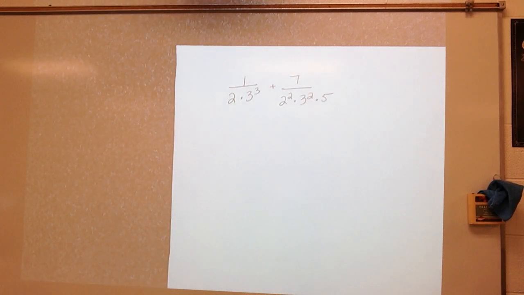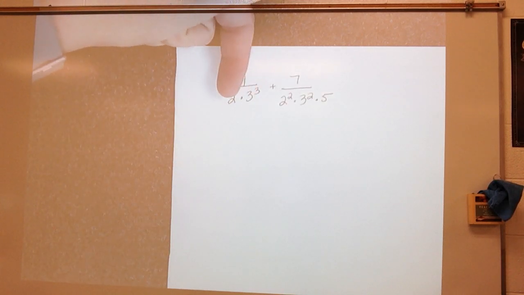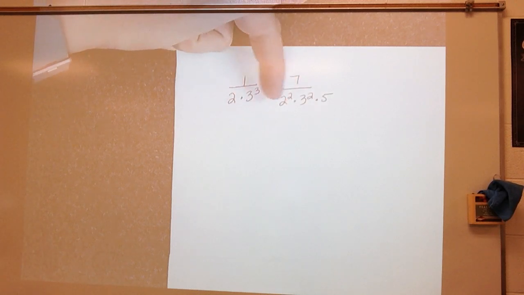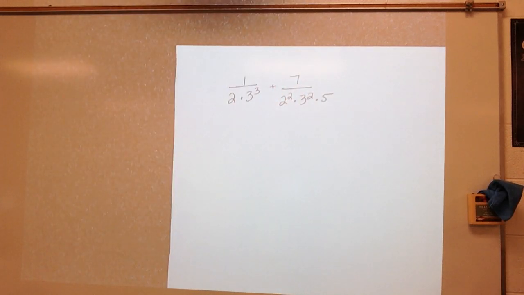So, LCD, look and see what they have in common. So they have 2 in common, they have a 3 in common. Alright, so you're going to find the biggest one.